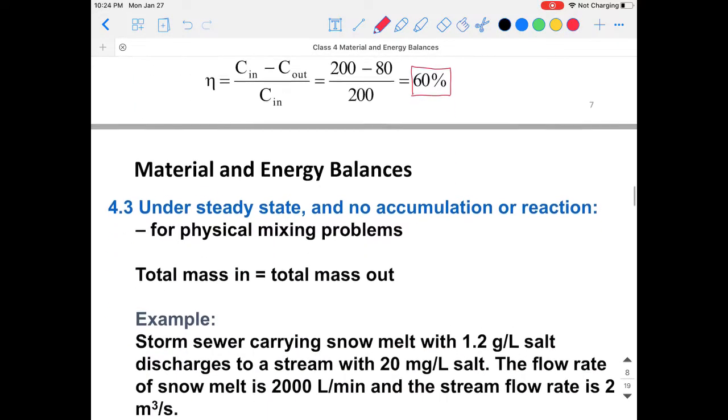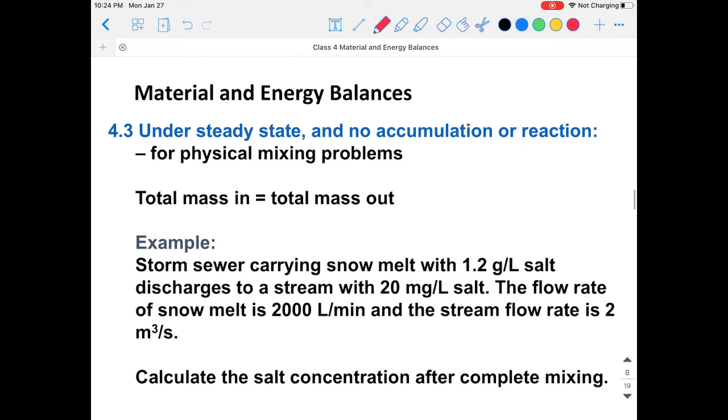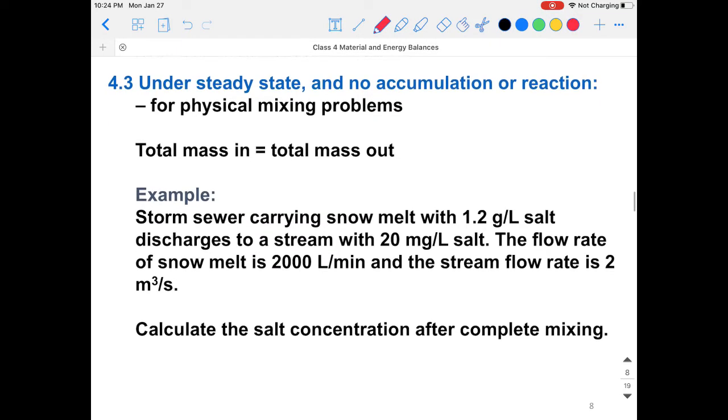There are also systems where there is neither accumulation nor reactions, and this applies to many water transportation systems. If you think of the flow of different streams, let's say you have two streams combining into one stream.